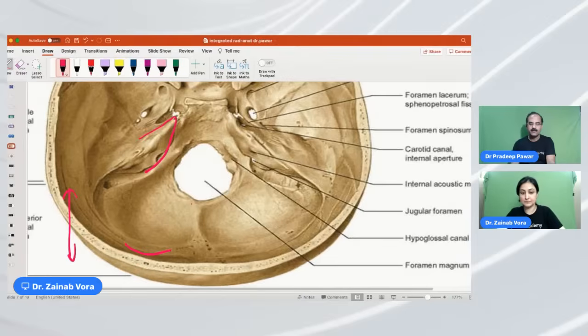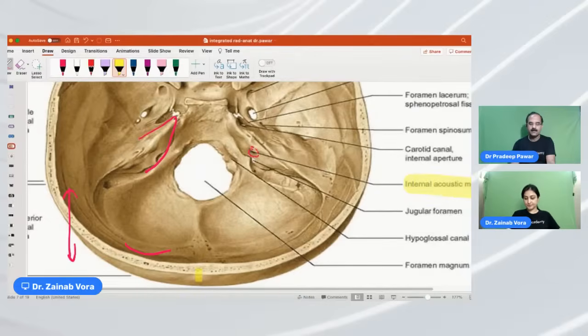In the petrous part lie the middle ear and the internal ear. And if any structure has to enter the ear from inside the skull, there's a foramen in the petrous part of the temporal bone. This is the internal acoustic meatus.